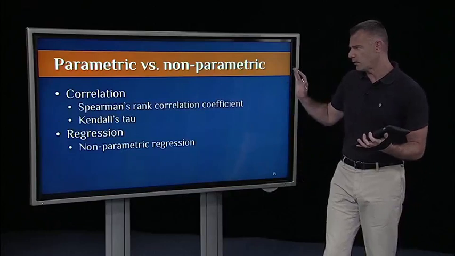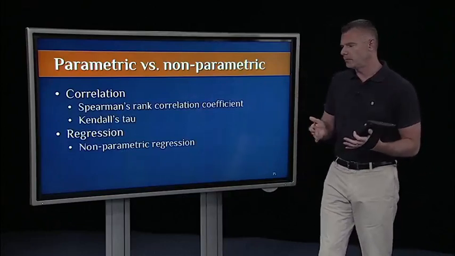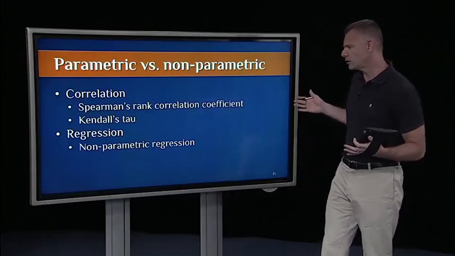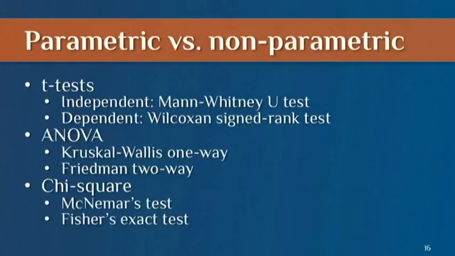So for example, for correlation, we don't have to do Pearson's product moment correlation, little r. We could do Spearman's rank correlation coefficient or Kendall's tau. For regression, there are non-parametric procedures that fall under the umbrella of non-parametric regression. For t-tests, for an independent t-test, the most common non-parametric equivalent is called the Mann-Whitney U-test.